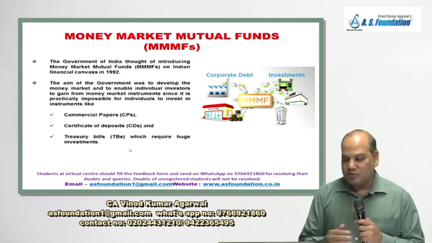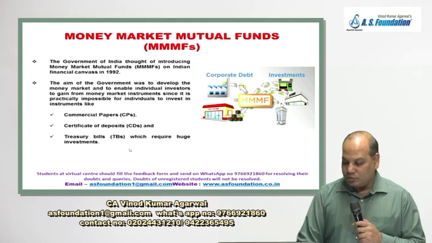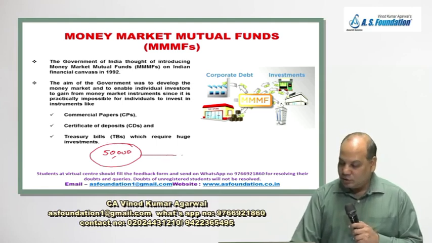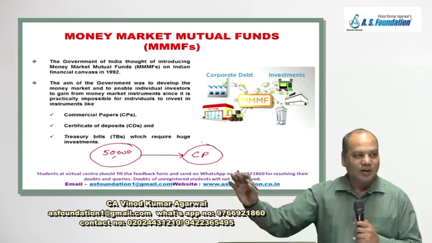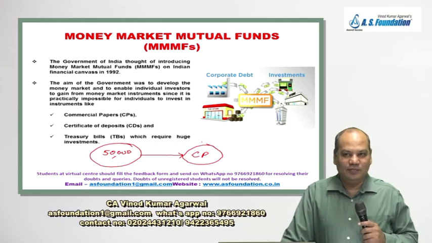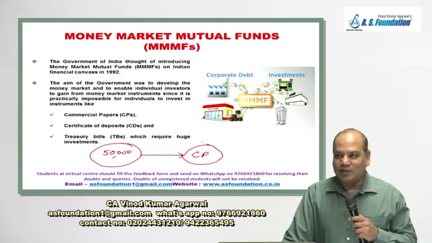Already I have covered this. If you remember, you are an articled assistant. I had given you that example. You have accumulated 50,000 rupees over 3 years of articleship, and now you want to invest in commercial paper of a company. Dreams are high. What is the minimum ticket size of a commercial paper?